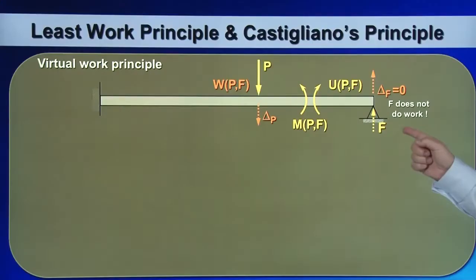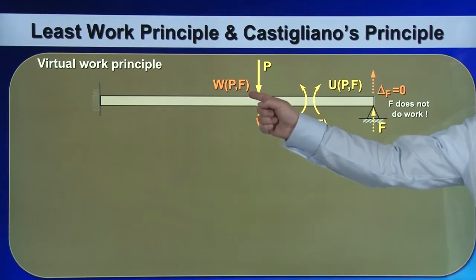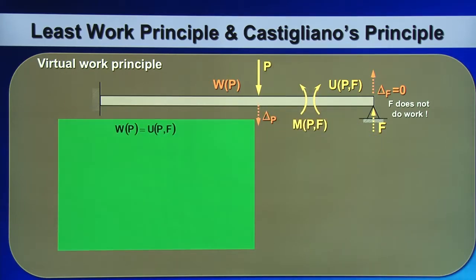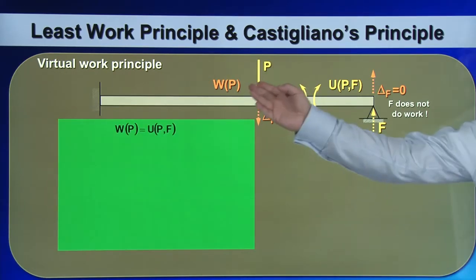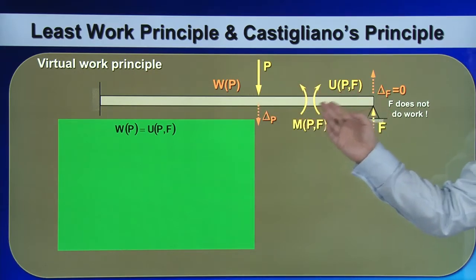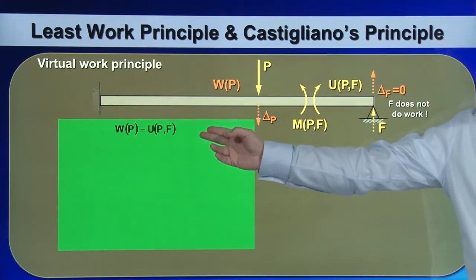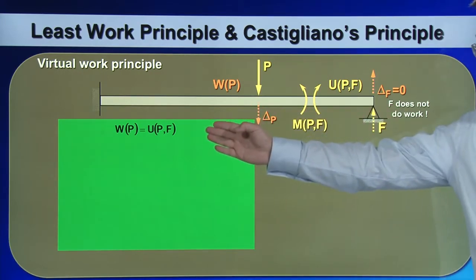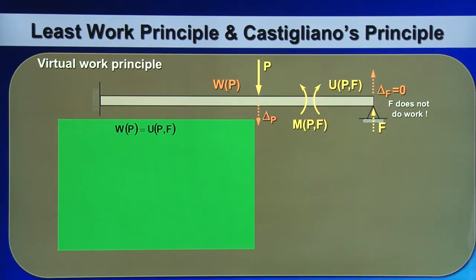As a result, F cannot do any work on the structure. So the work expression will be purely a function of P. So I can relate P to U through work and energy principles. This describes the structure under equilibrium.